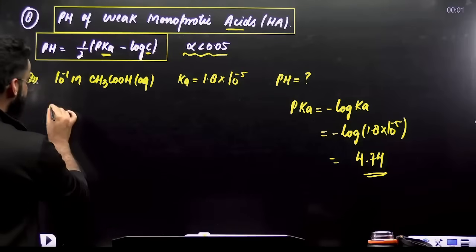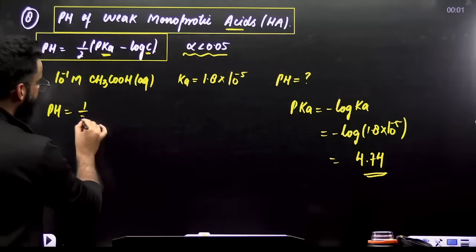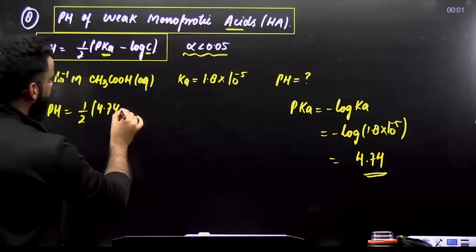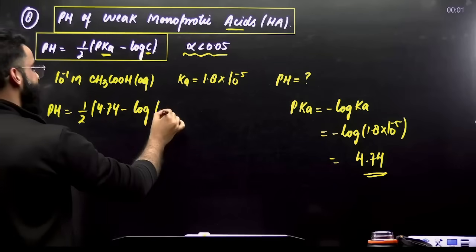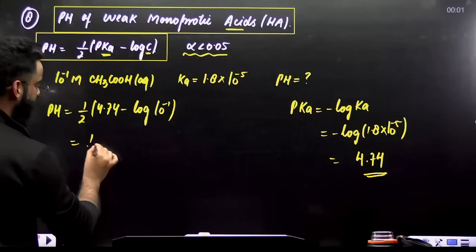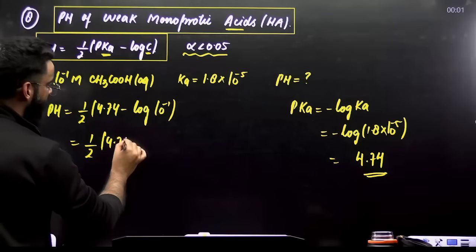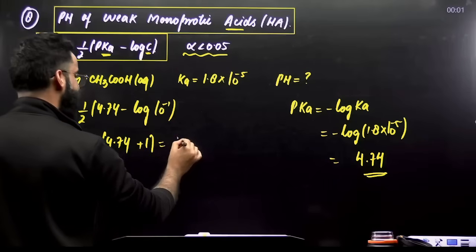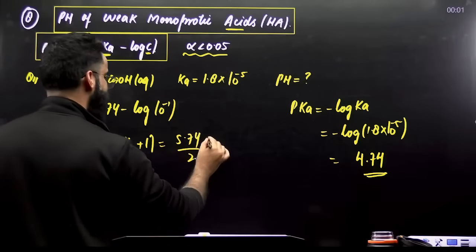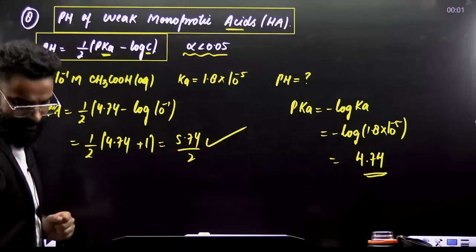Now calculate pH. pH will be equal to half of pKa, value is 4.74, minus log of C. C is the concentration of acid. Concentration of acid is given to me as 10 raised power minus 1. So matter of calculation, this will be half of 4.74 minus log of 10 raised power minus 1, log of m raised power n is n log m. So this becomes 1. So it is 5.74 divided by 2. This is the pH of this particular solution which you were supposed to calculate.